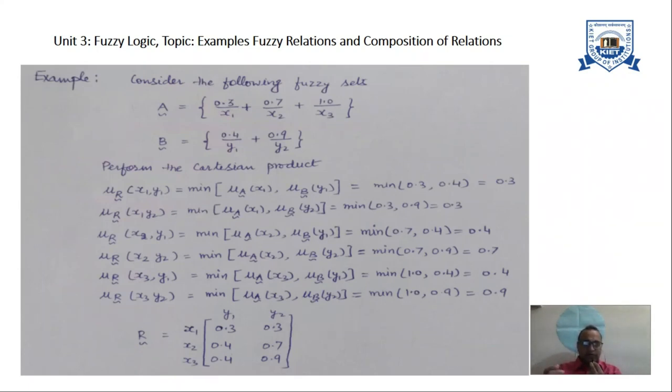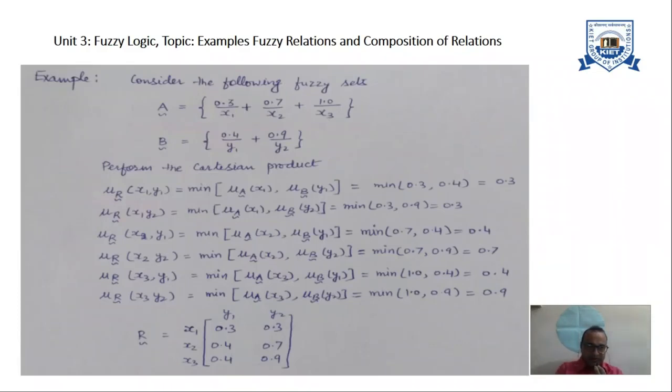When we make the Cartesian product, it will have the ordered pairs x1 y1, x1 y2, x2 y1, x2 y2, x3 y1 and x3 y2. These are all the possible ordered pairs from the Cartesian product of these two fuzzy sets. Say, for example, we make the ordered pair x1 y1. This ordered pair will have some membership value.